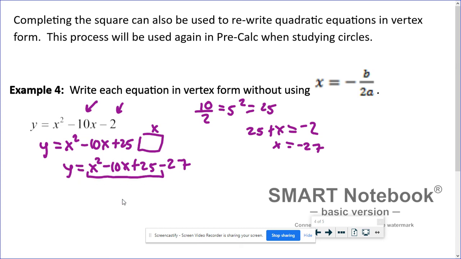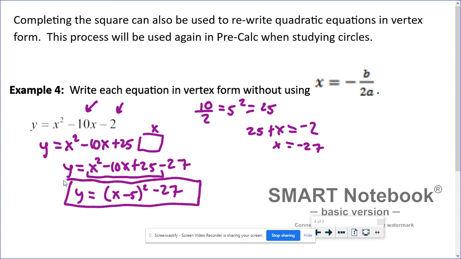Okay. So now when I factor x squared minus 10x plus 25, I get x minus 5 squared. And then that minus 27 is on the outside. And this is the vertex form of the equation that was in standard form to begin with.